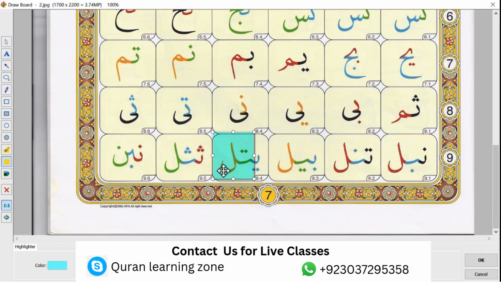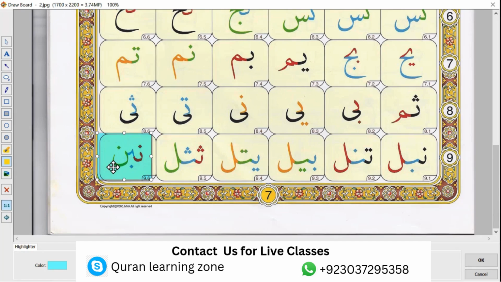If you forget it, remember that if there are two dots on the top of this letter, then you call it ta, and if there are two dots under this letter, then this one is a ya. Okay, ya ta lam, ya ta lam, and the next one is here sa salam, sa salam.